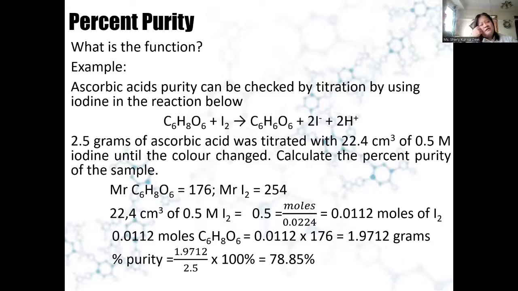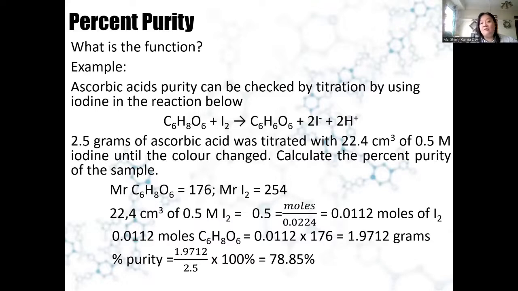2.5 gram of ascorbic acid was treated with 22.4 cm cubed of 0.5 molar iodine until the color changed. Calculate the percent purity. First, we have to calculate the Mr of ascorbic acid and the Mr of iodine. The Mr of iodine is 254. We know there is 22.4 cm3 of 0.5 molar iodine.